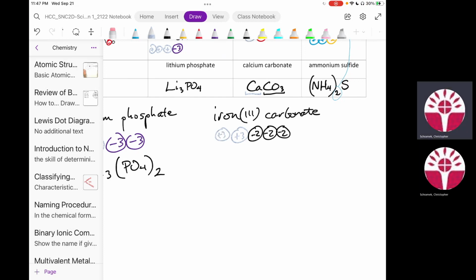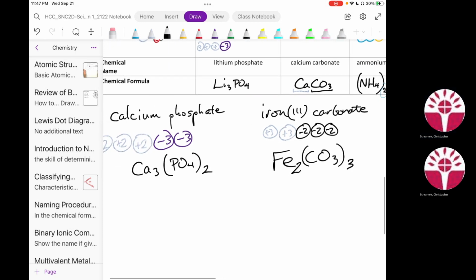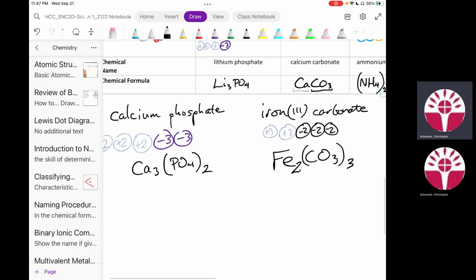There you go. So this gives us a formula of Fe, and then carbonate, 2, 3, like that. And it even does work for crisscross when you're doing charges like that. Okay, so that's how we roll.